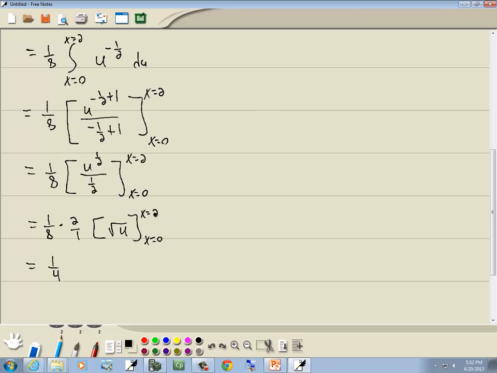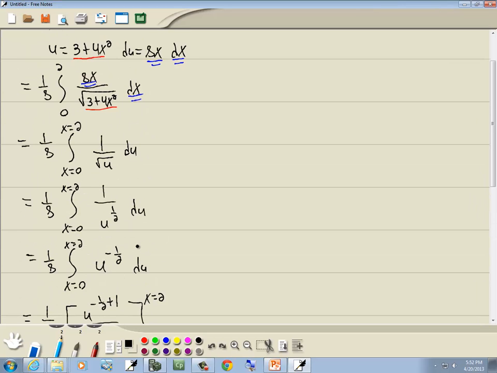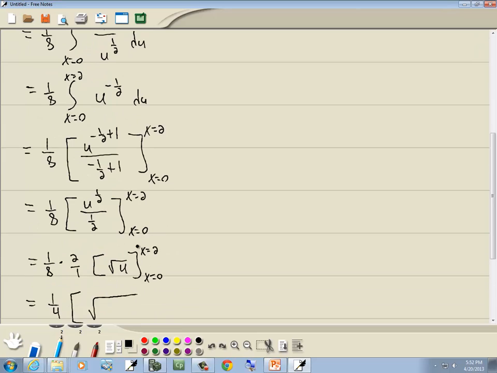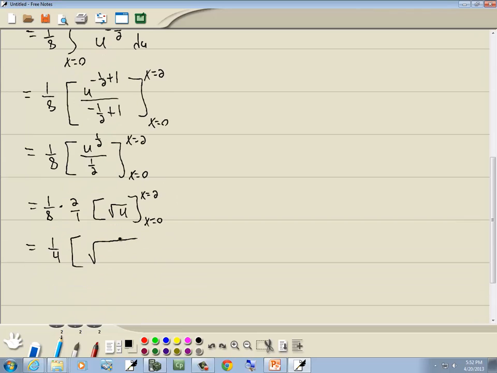Now, I'd be tempted to plug these values in, but keep in mind, this is x equals, and this is u. So we have to plug our u back in first, whatever that was. Let's go look. u, we said, was 3 plus 4x squared, from x equals 0 to x equals 2.